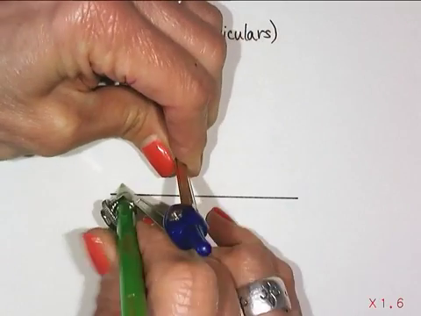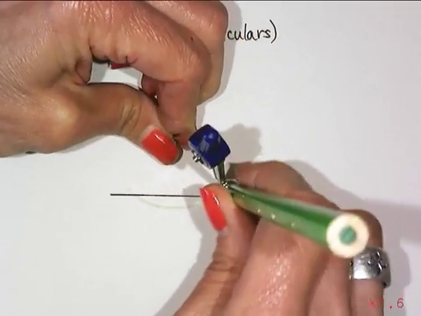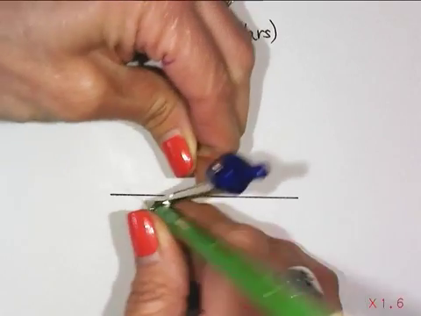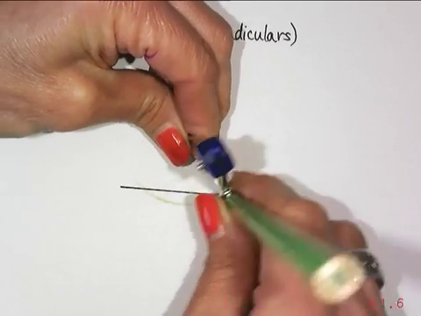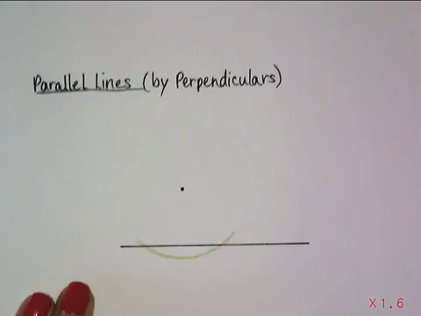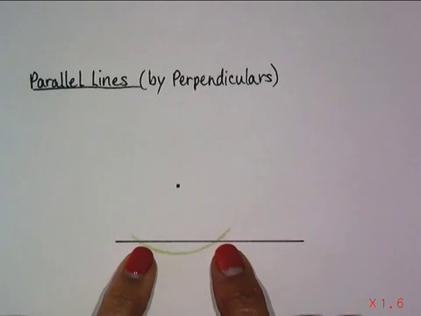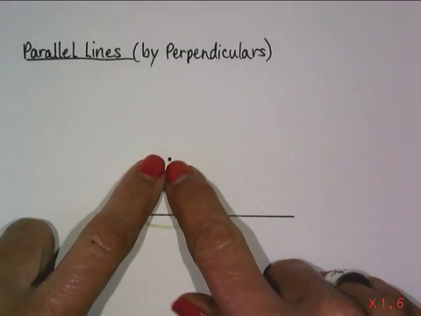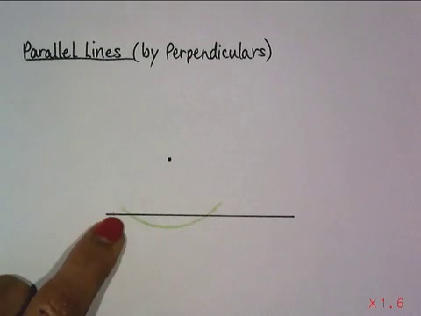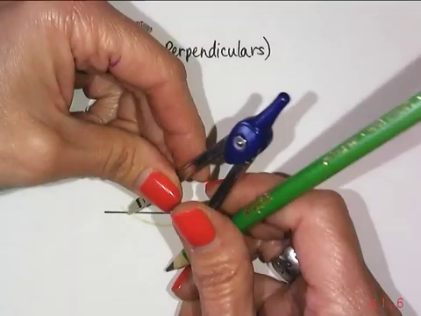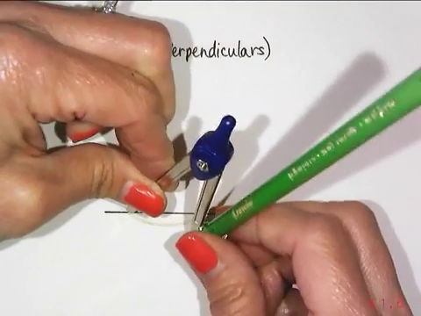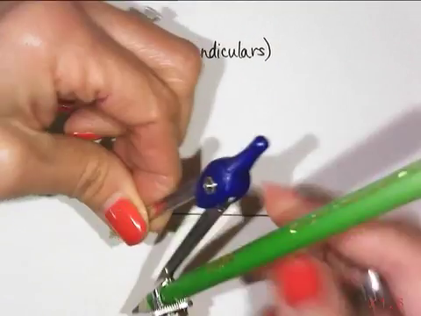I start by drawing an arc. I should say swinging an arc. This arc gives me 2 points of reference that are equally distant from that point. From these 2 points of reference, I'm going to be constructing another pair of mini arcs.